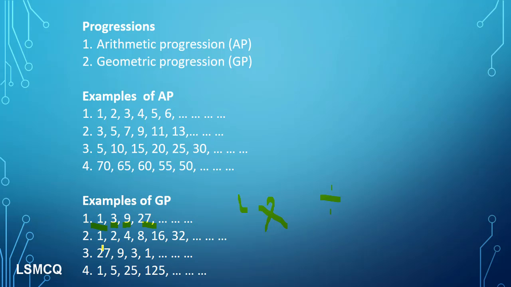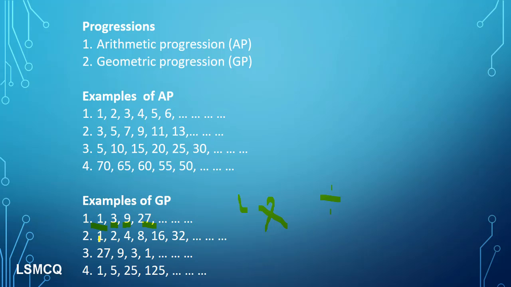Let's go to the second example. In the second example, you can see that it starts with 1, and then it's 2, 4, 8, 16, 32. You can see that these numbers are increasing very rapidly.